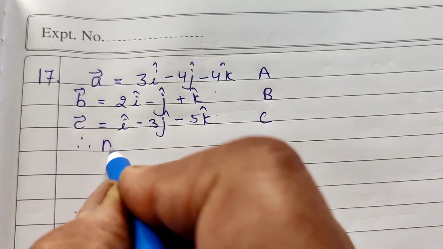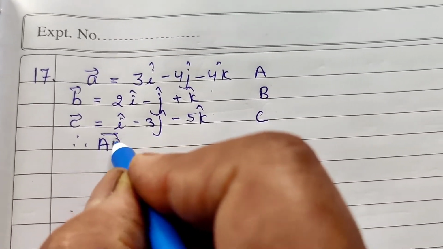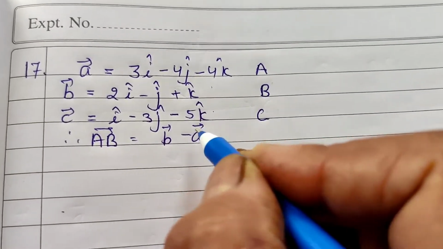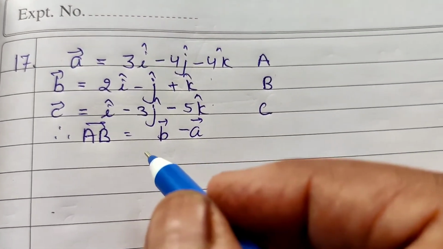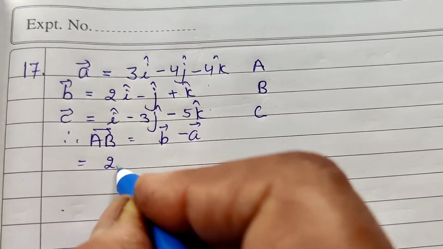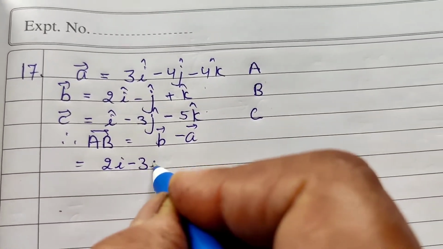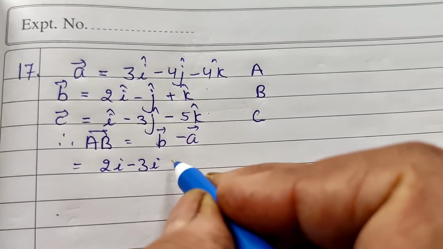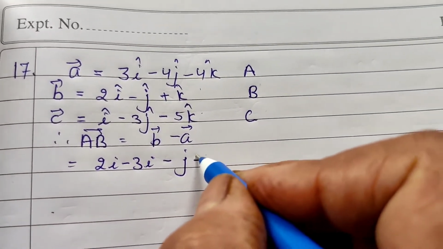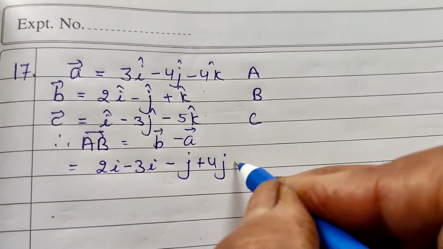Therefore vector AB equals B minus A. Now subtract: 2i minus 3i. Next, minus j minus 4j means plus 4j.